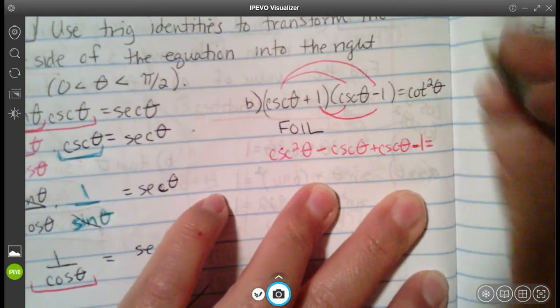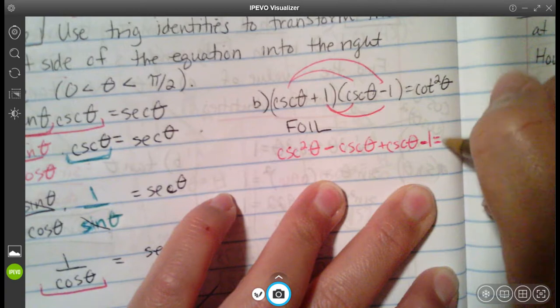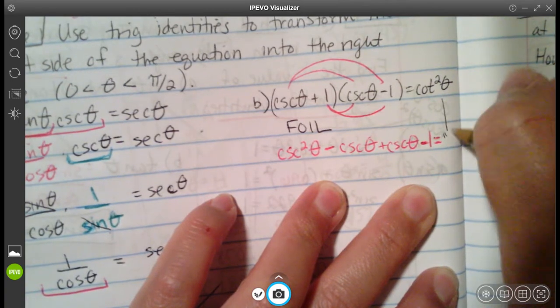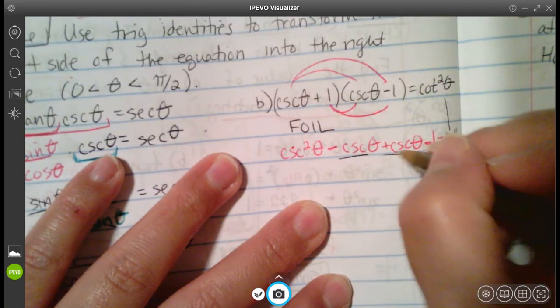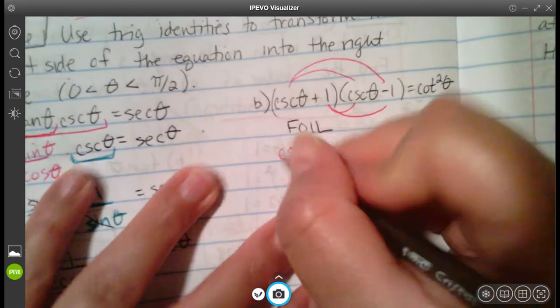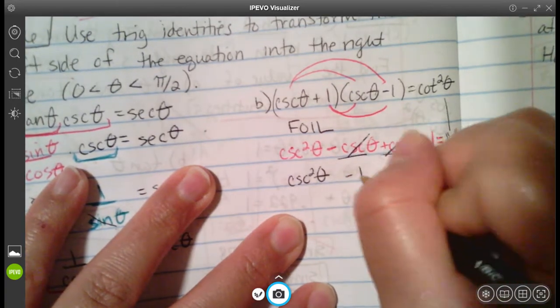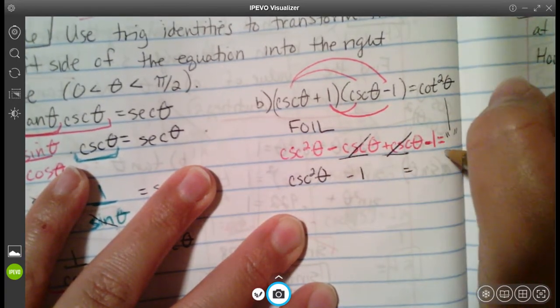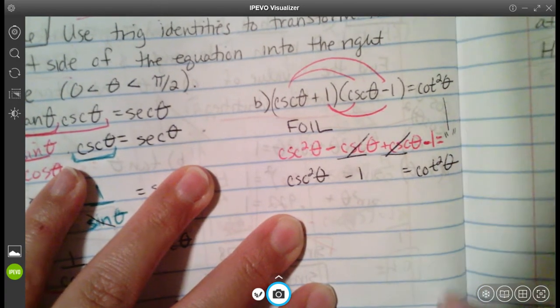Remember, we're just looking at the left side. All this is going to equal that. I'm just going to bring it down like that. So I notice that these two are going to give me a 0, which leaves me with cosecant squared theta minus 1 equals this guy over here, cotangent squared theta.